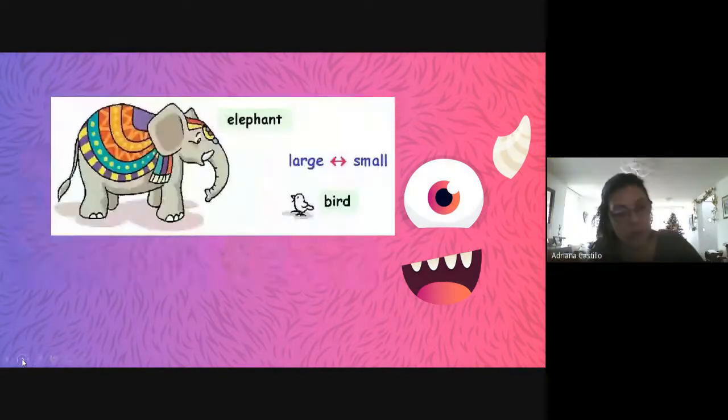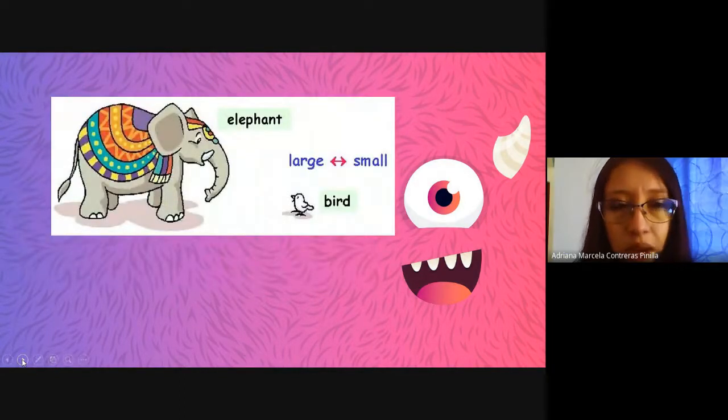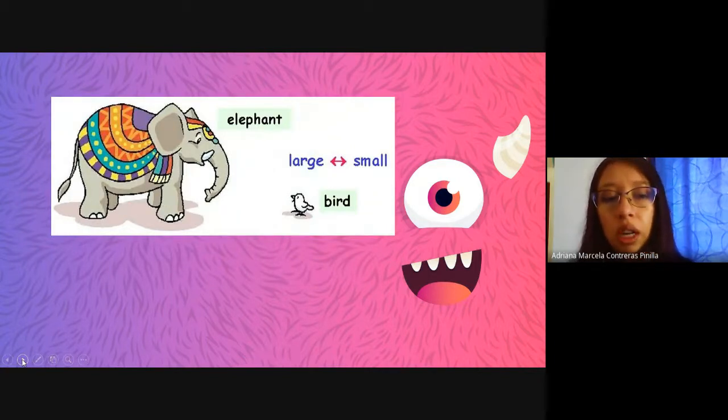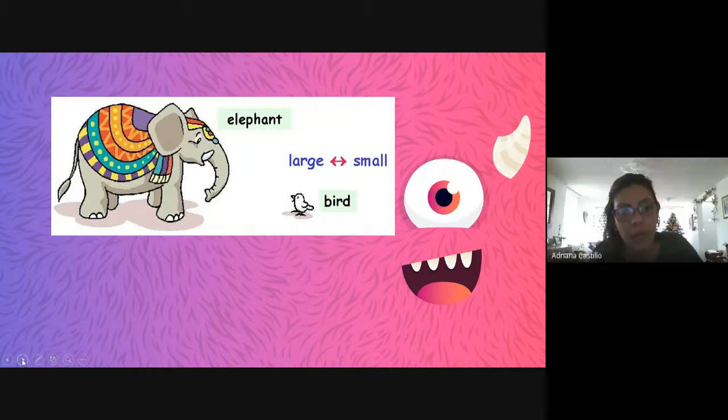Okay, we have an elephant and a bird. Could you tell me an example with those animals and those adjectives, large and small, please? The elephant is larger than the bird.